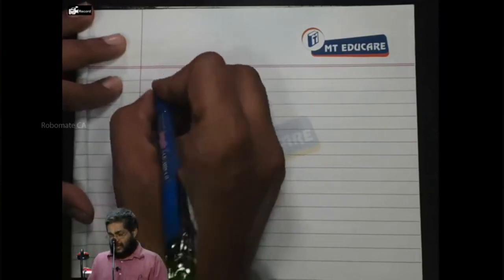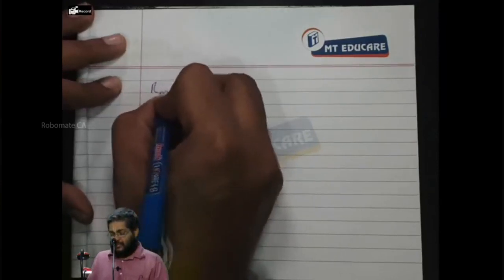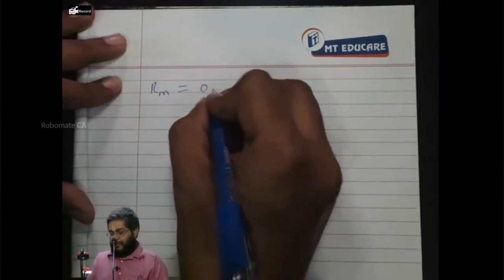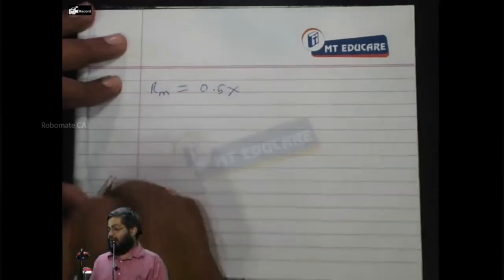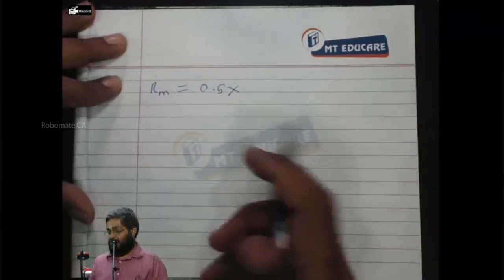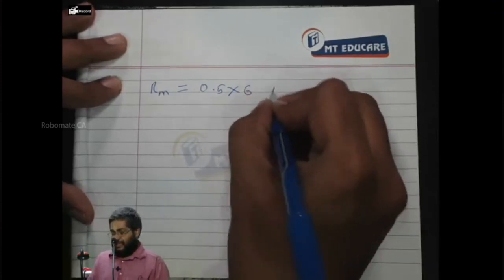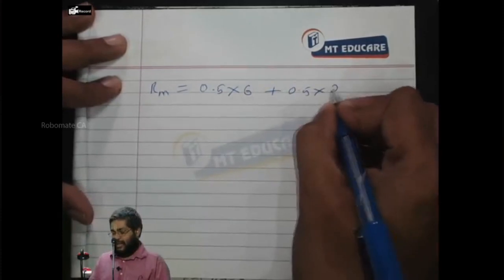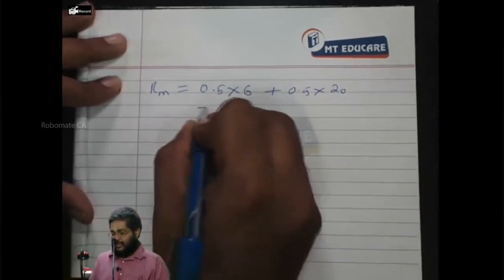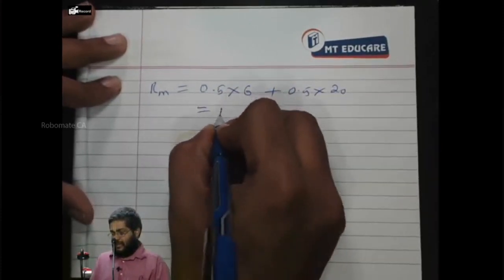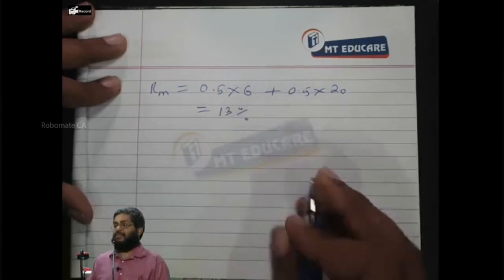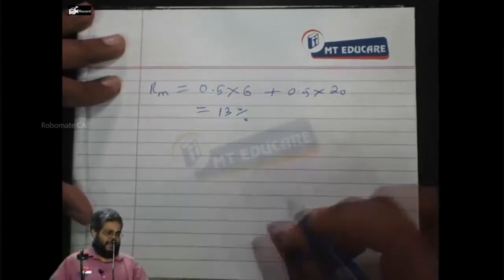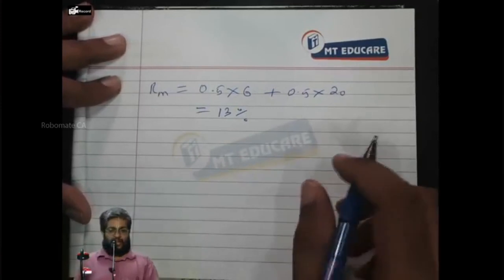Can I start or not? Write down. RM is equal to 0.5 into the return during the depression period, 6, plus 0.5 into the return during the boom period, 20. How much is it here? 13%. RM is equal to 13%.